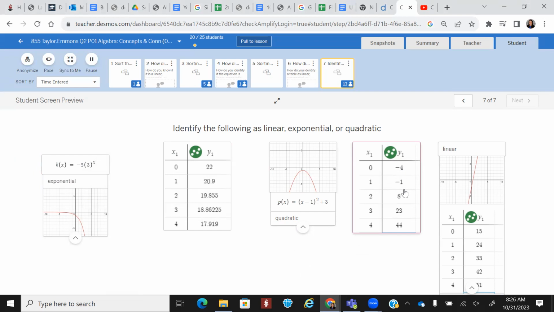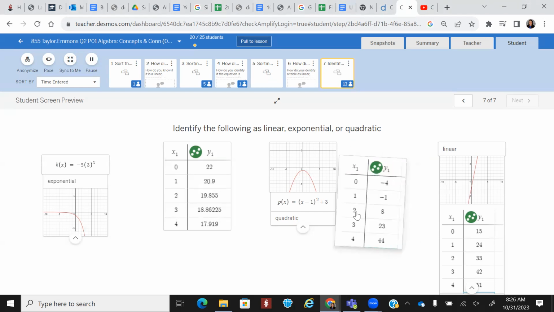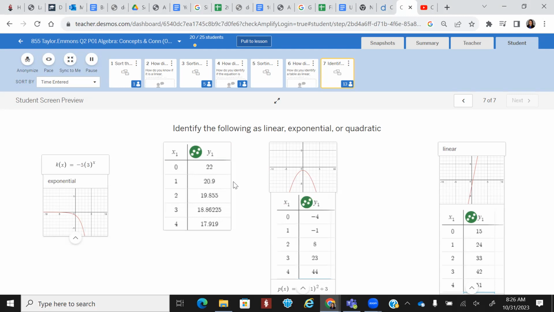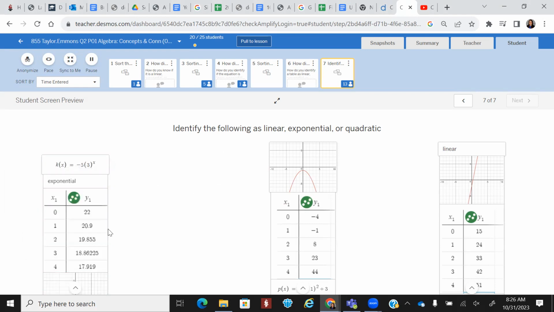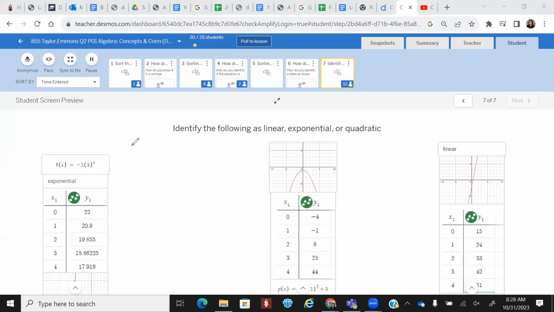Well, from -4 to -1, what happened? It's being added. It should be quadratic, because that second difference is going to be the same. And this one's going to be exponential because if you take 20.9 and divide it by 22, it'll give you the same thing as 19.85 divided by 20.9.